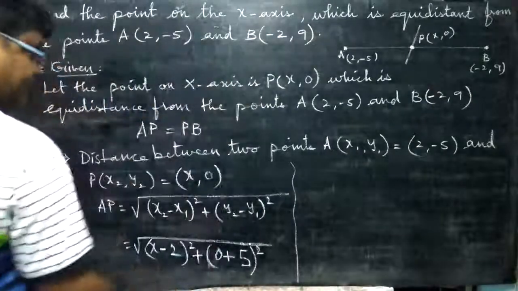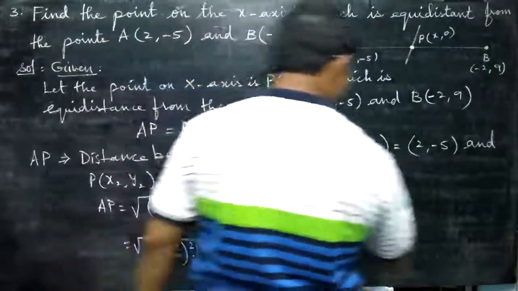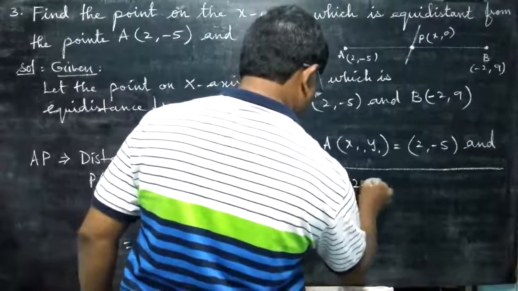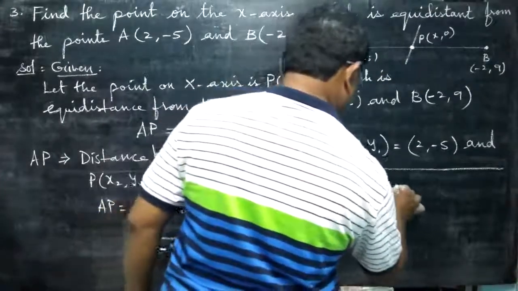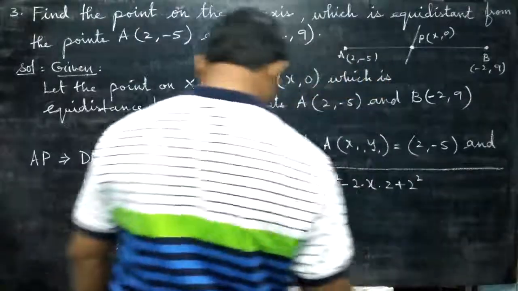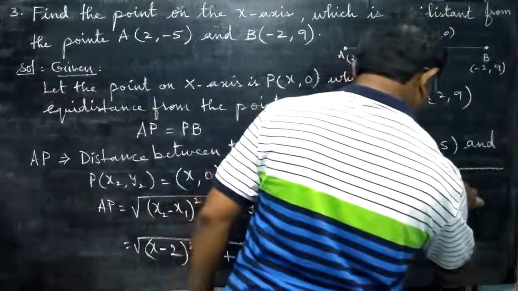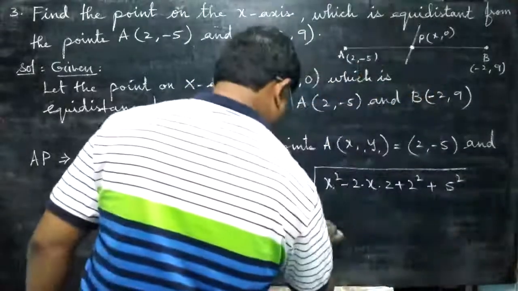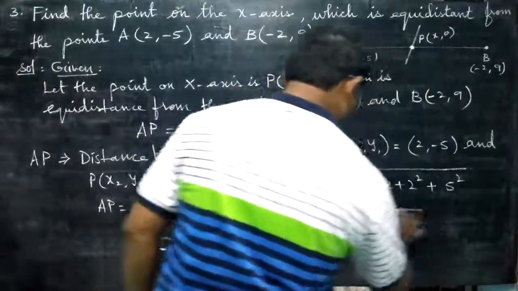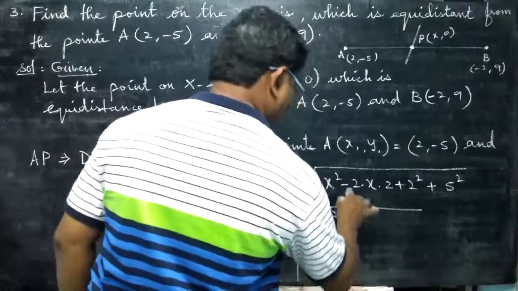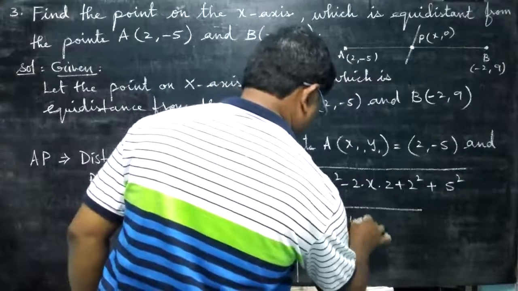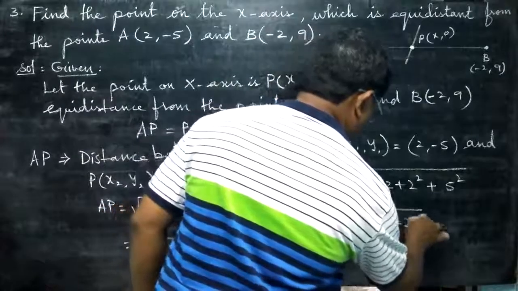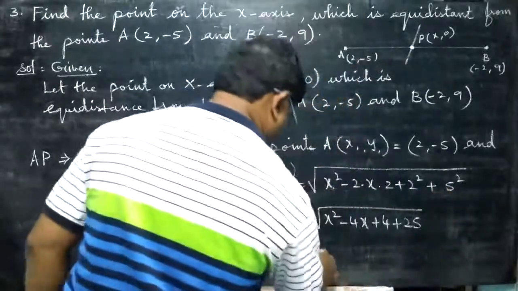Use the (a minus b) whole square formula: a square minus 2ab plus b square. Again 0 plus 5 is 5 only, 5 square. So that is equal to the square root of x square minus 4x plus 4 plus 25. 2 2s are 4, 5 5s are 25.